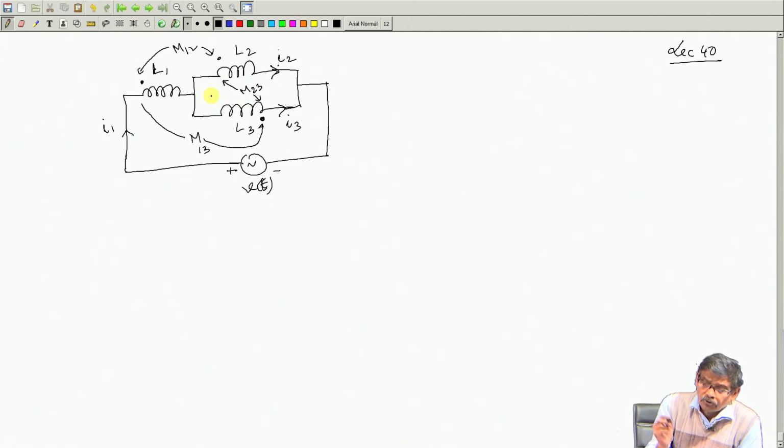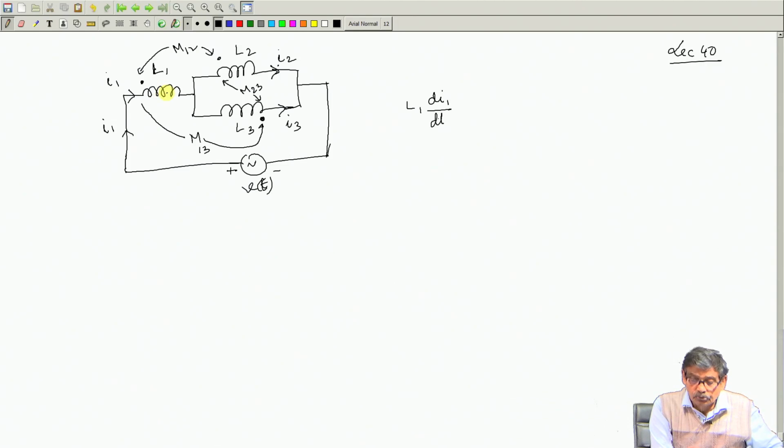Okay. So, the KVL equation in this mesh I want to write down. So, this is I1. The voltage drop between these 2 points will be L1 dI1/dt, definitely, because I1 is entering, this will be plus.